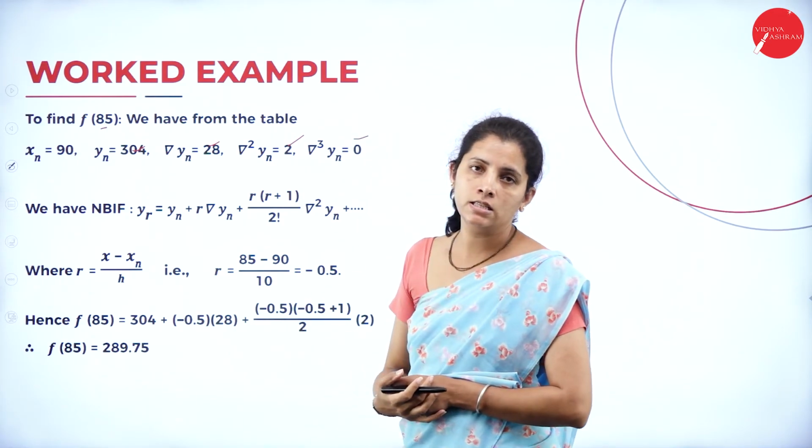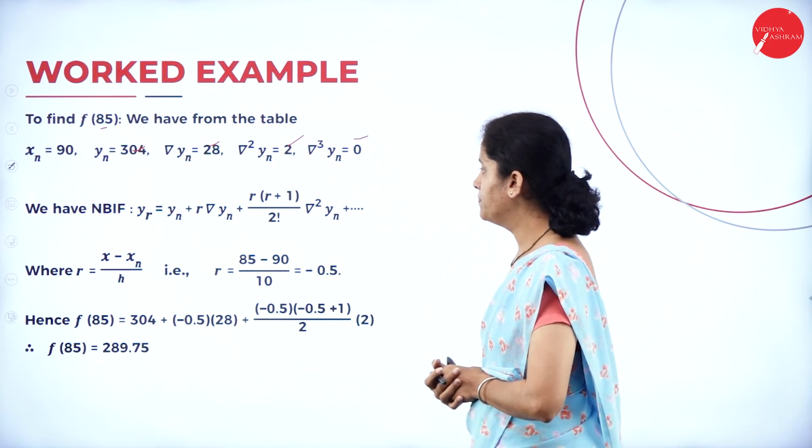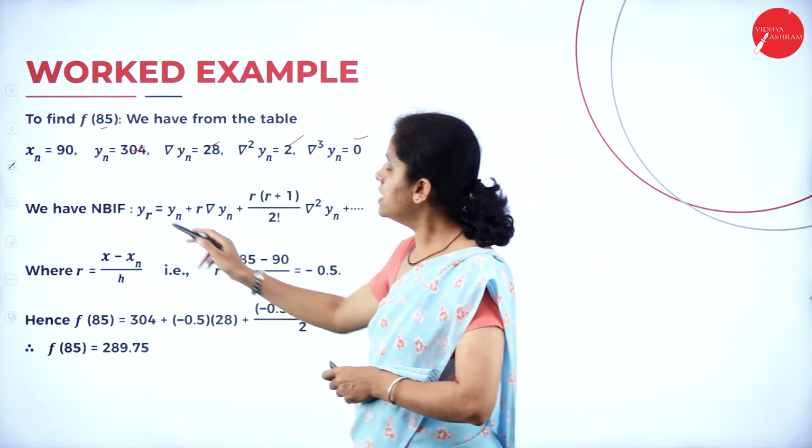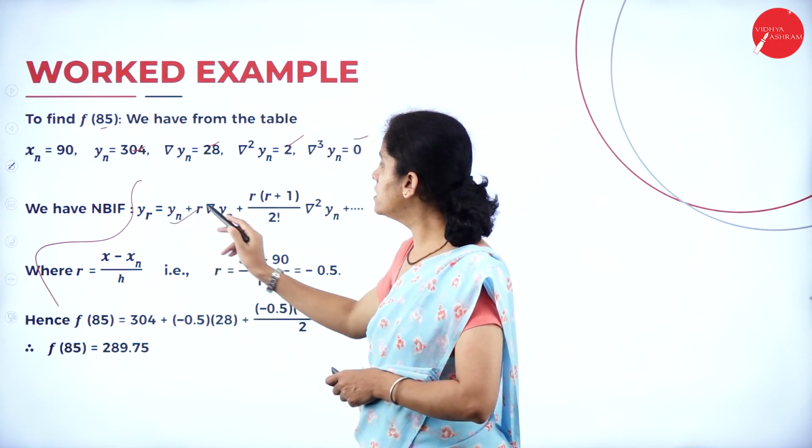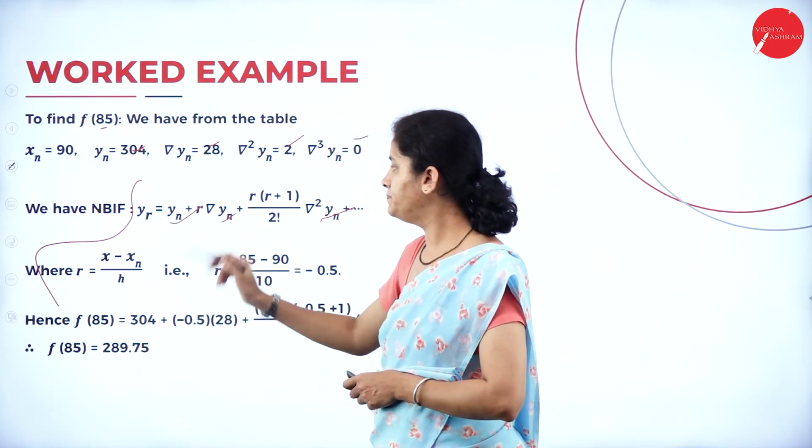And xn is nothing but 90, and I have the Newton's backward interpolation formula, and here I have yn.